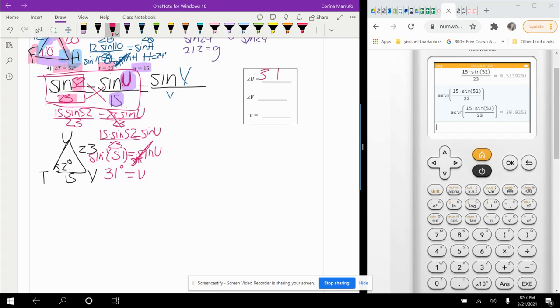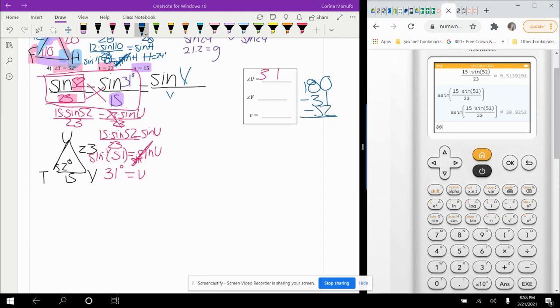I'm going to erase that here and fill that in with the 31 because we already figured that out. Now we can find V, because if we already know two angles of the triangle, we can find the third angle by subtracting those from 180. So we're going to subtract the 31, and we're also going to subtract the 52.